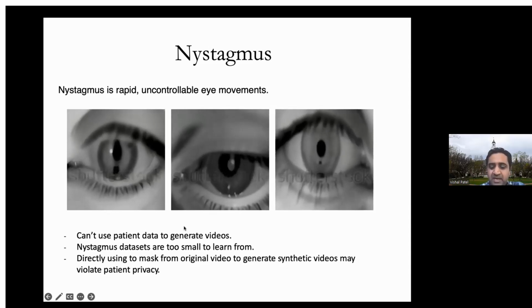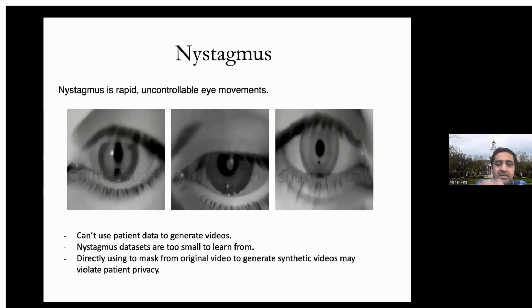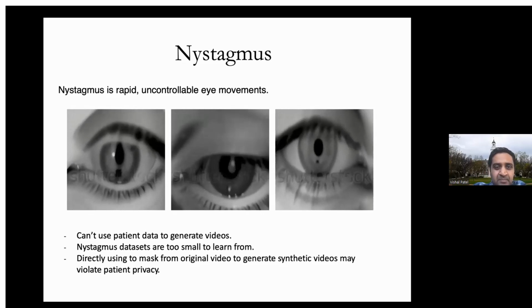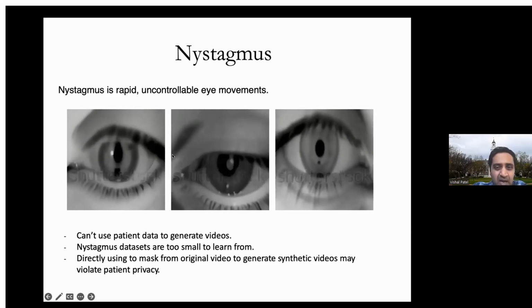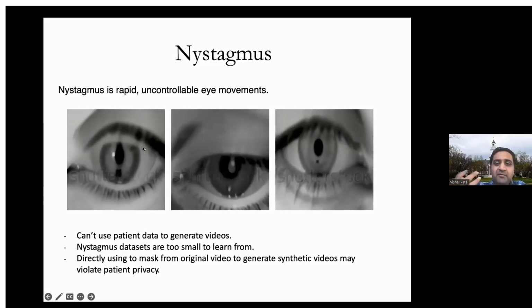So what we've done is we have a data set internally at Johns Hopkins, and we took these eye videos, and we wanted to come up with a mechanism in which we can generate novel nystagmus eye movement videos.